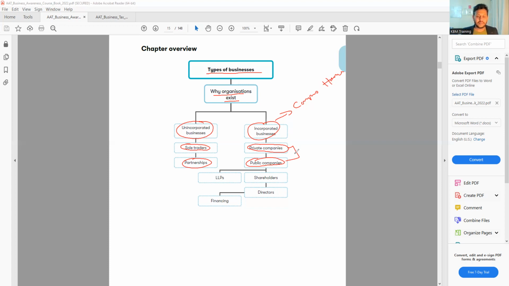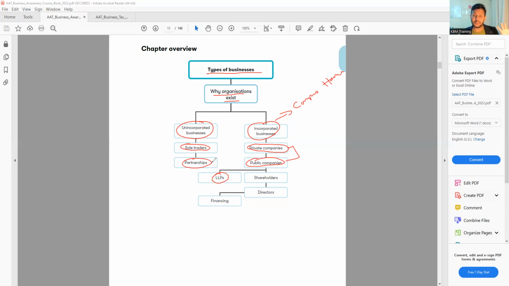The next word we have here, LLPs, a limited liability partnership. This one, as we discussed before, it is possible that a partnership business can be limited liability. So you have two forms of partnership. One is ordinary partnership and one is limited liability partnership.